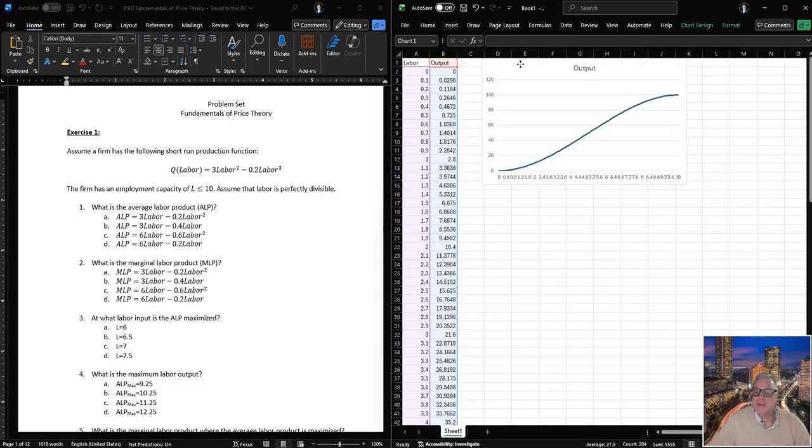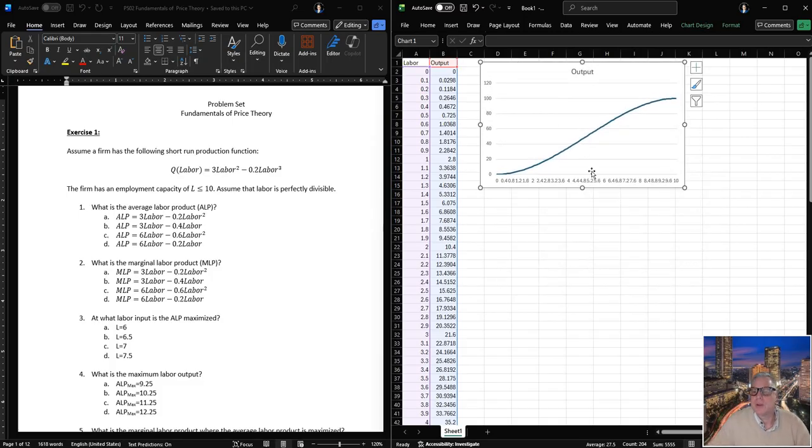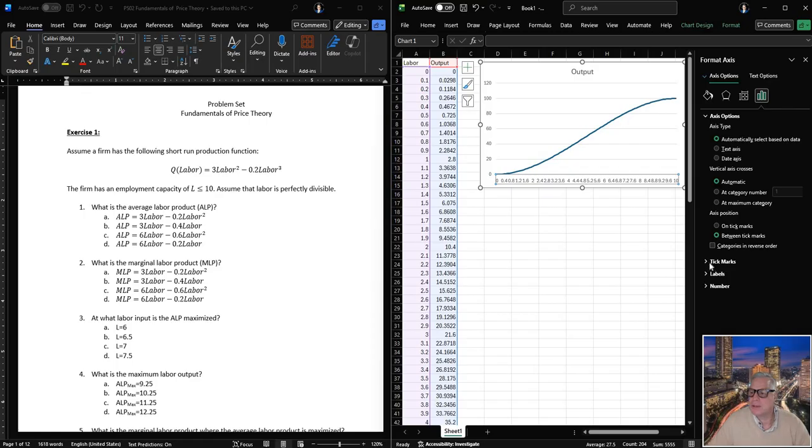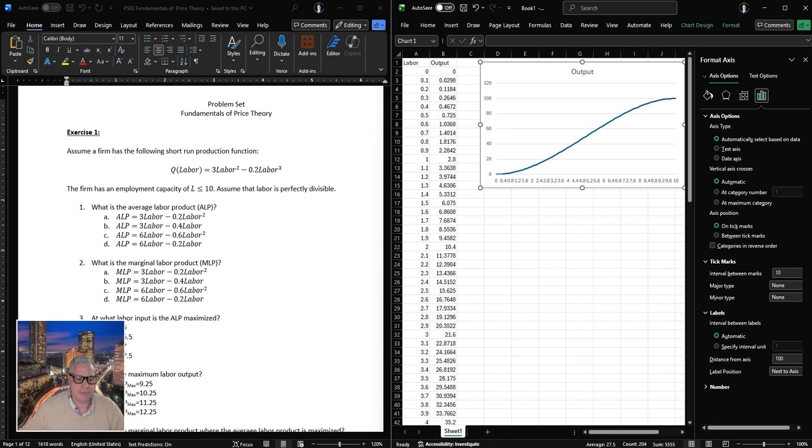So you can see we have here a typical S-shaped production function, but let's make it a little bit nicer. Let's format the axis, make sure that everything is on tick marks. Let's split out the tick marks and also the labels.